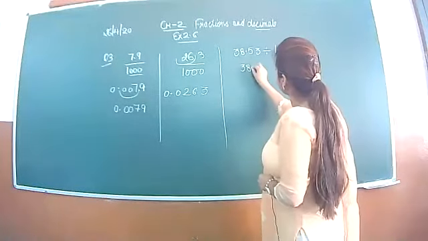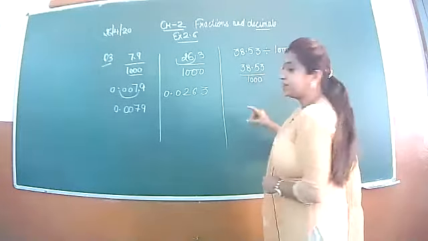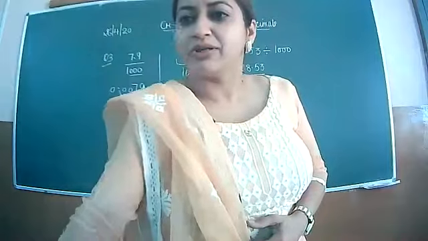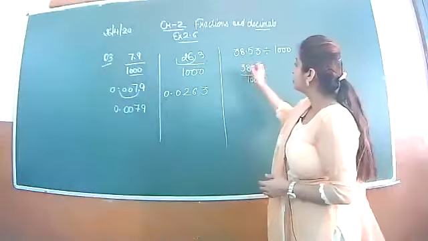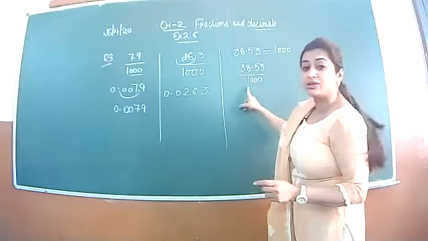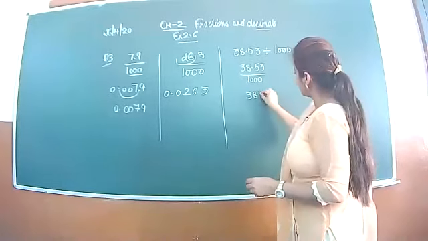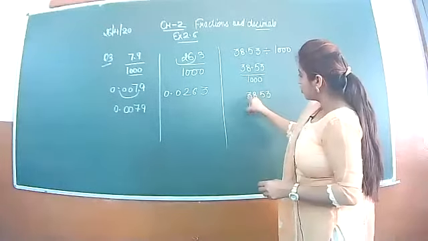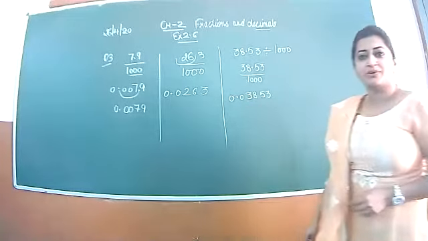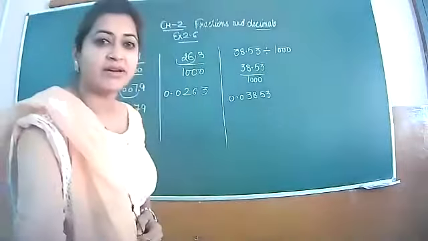So 38.53 divided by 1000, you will shift 3 zeros, means you will put the decimal before the 3 digits. 1, 2 digits are there, but we want 3, so you will put a 0 here. 1, 2, the 3rd digit is missing, so I will put 0. Is it okay? Any doubt, beta? Is this clear?